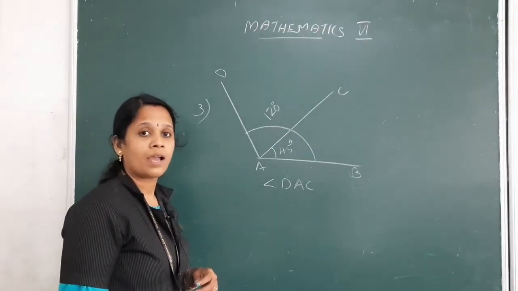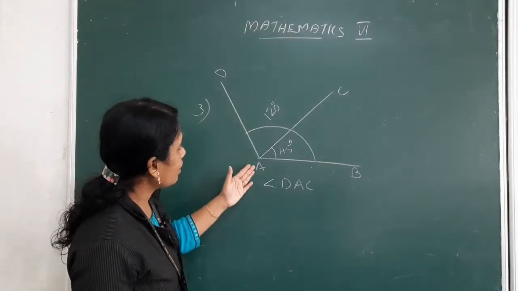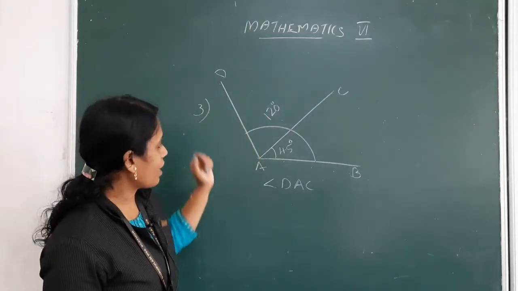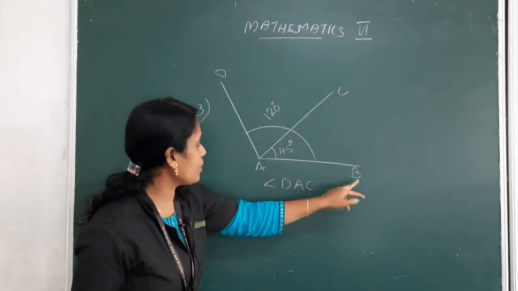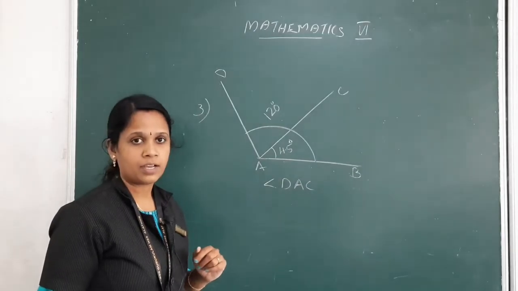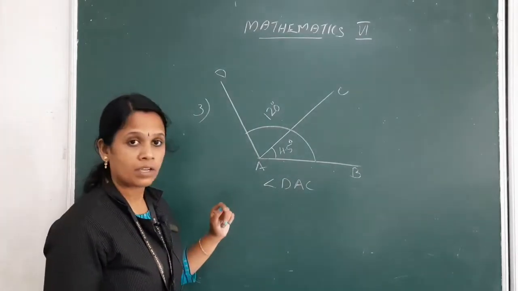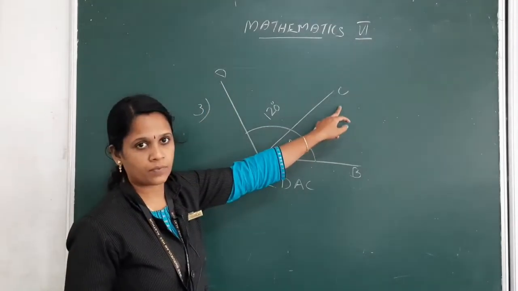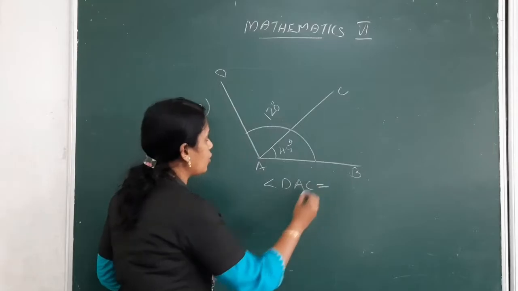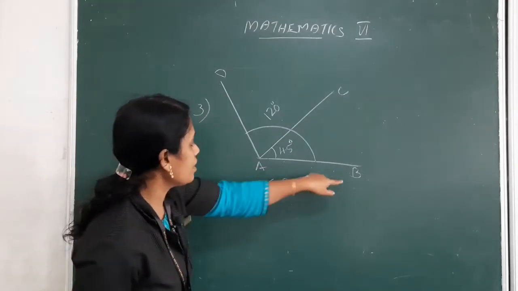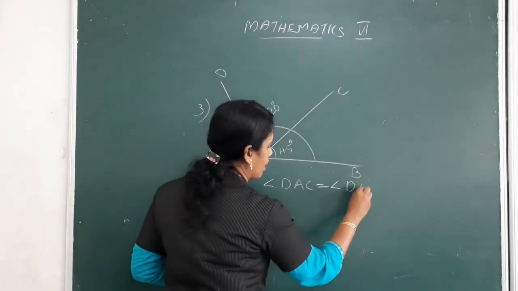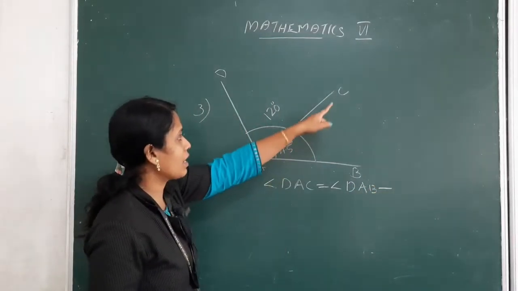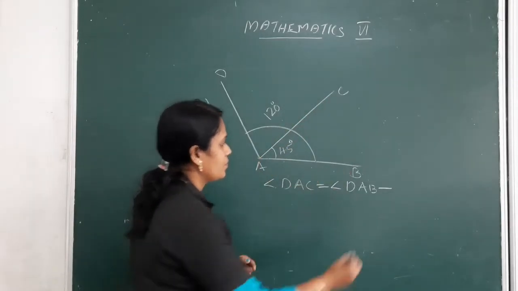Next question, angle DAB 120 degree. Angle CAB 45 degree. Here we have to find out angle DAC. So angle DAC is equal to angle DAB minus angle CAB.